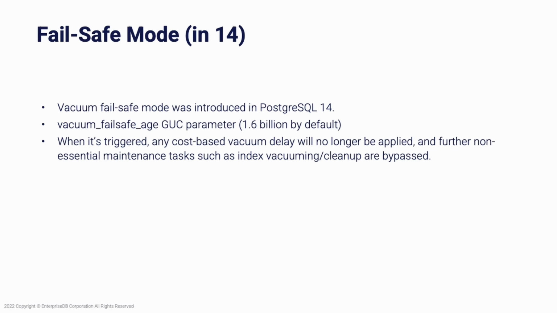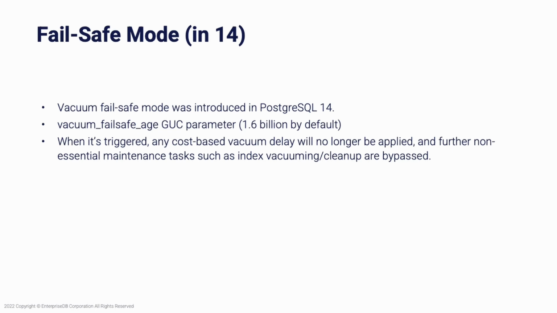The failsafe mode was introduced in the latest version of PostgreSQL, 14. If the table age is older than the age specified by the vacuum_failsafe_age parameter, vacuum triggers the failsafe mode. When it's triggered, any cost-based vacuum delay will no longer be applied, and further non-essential maintenance tasks such as index vacuuming, index cleanup, and heap truncation are bypassed.